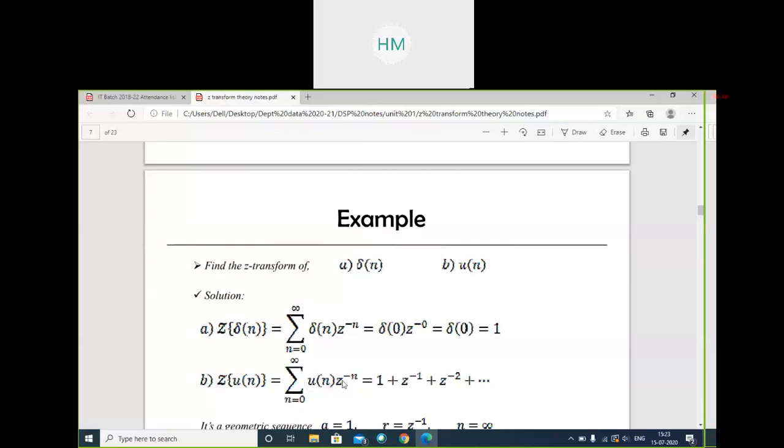So u of n z to the power minus n, I will put n is equal to 0. U of n will remain always 1. We all know the unit step function. For all values of n, its amplitude is 1. So z to the power minus n, z to the power 0 is 1, z to the power minus 1 for n is equal to 1, for n is equal to 2, till n is equal to infinity.